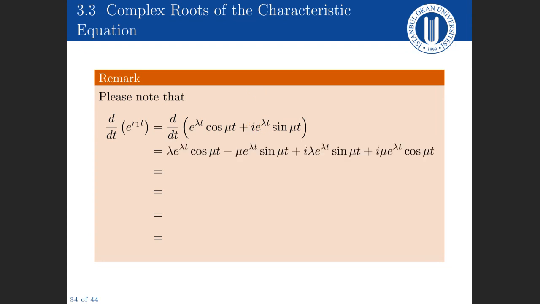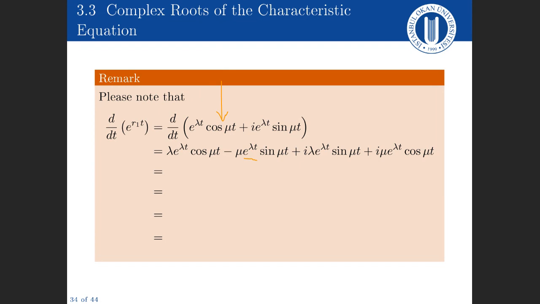So, first of all, using the product rule on the first term. If I differentiate e to the lambda t, I get lambda e to the lambda t, and then cos mu t stays the same. Then I'm going to differentiate cos mu t. e to the lambda t stays the same.